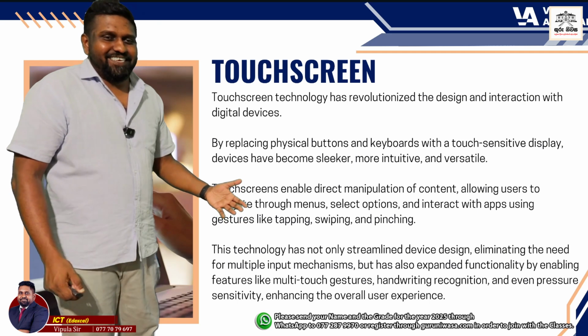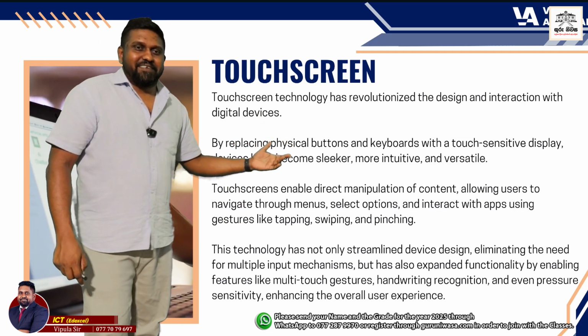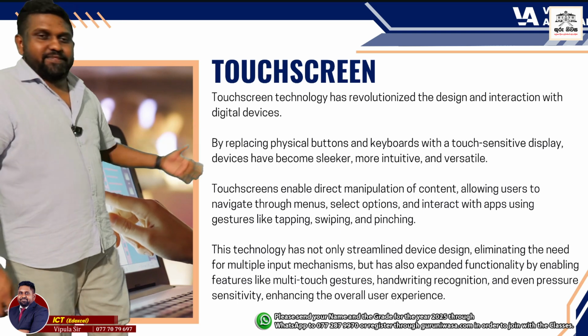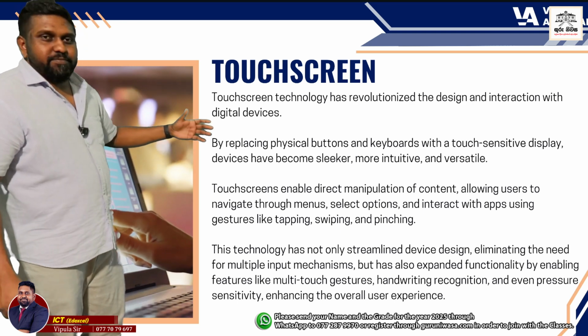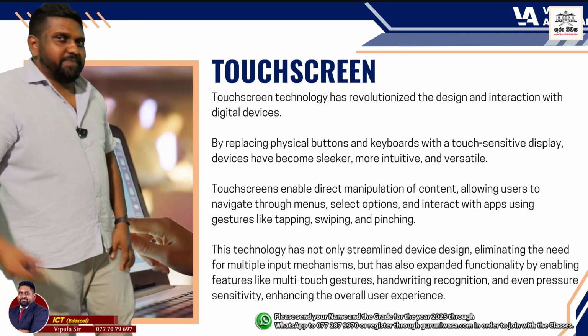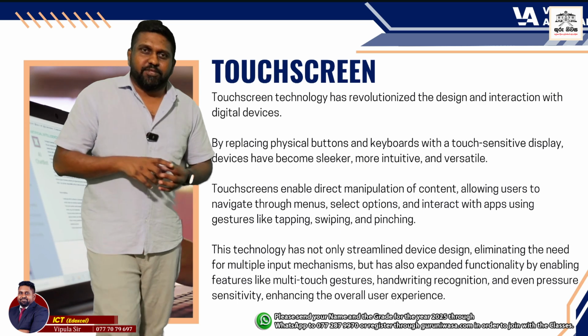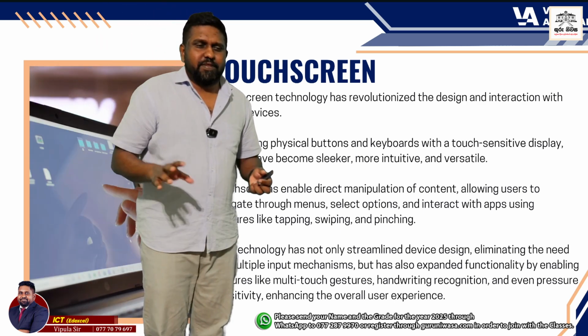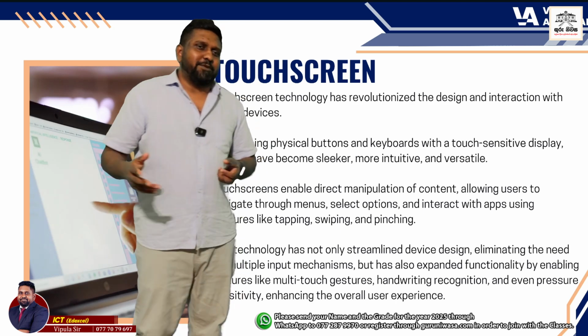So touch screens basically replaced the physical buttons and keyboards of devices. Back in the day when we had physical buttons, those were bulky devices. I'm not sure whether you have seen these very old phones.